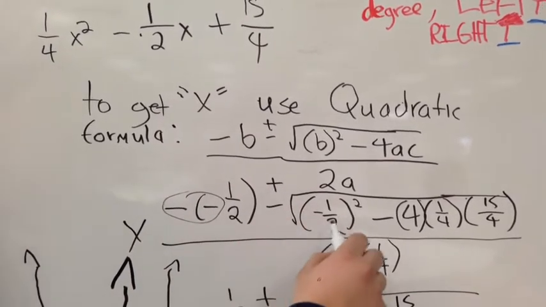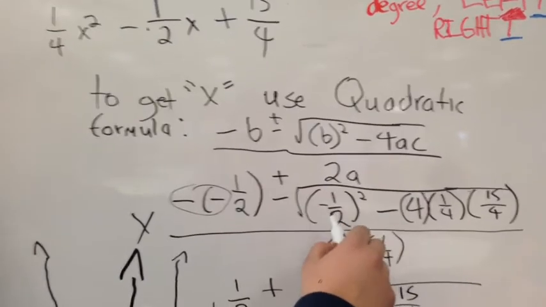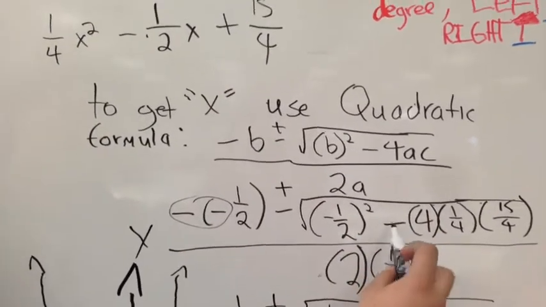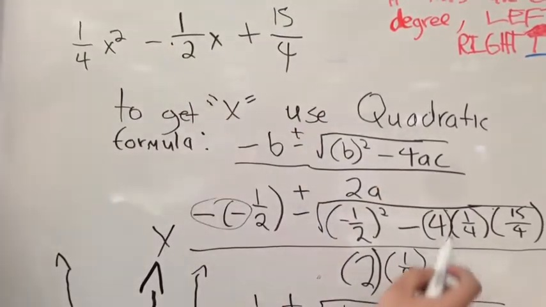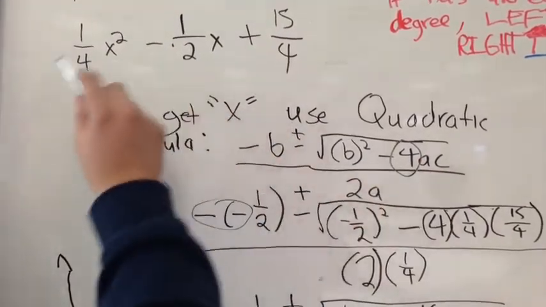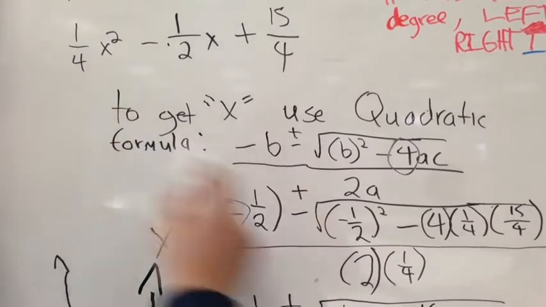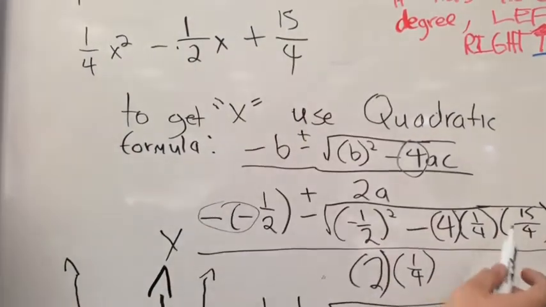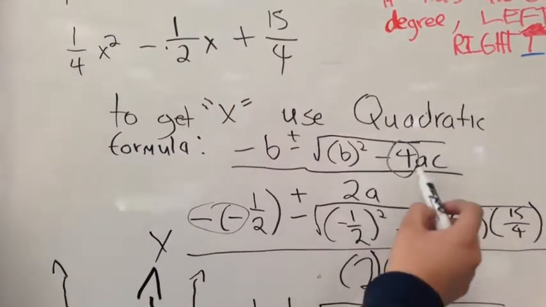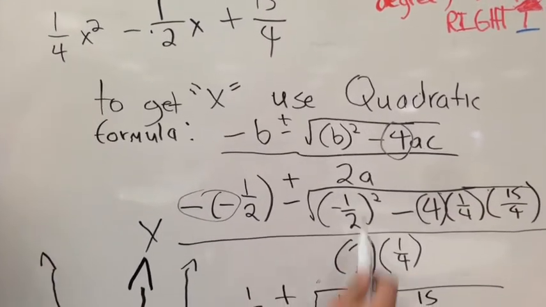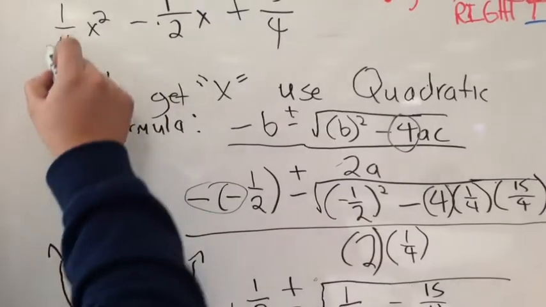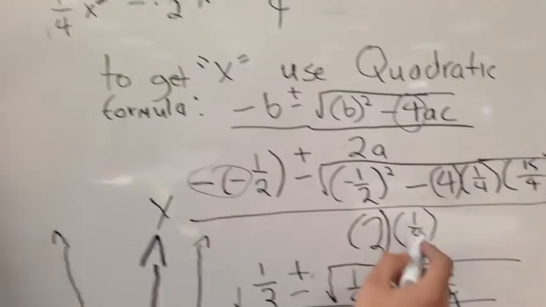Plus minus 1/2, negative 1/2 squared, times 4 here, as you can see, times 1/4 times 15 fourths, because it is stated in the formula, over 2, as you can see, a 1/4.